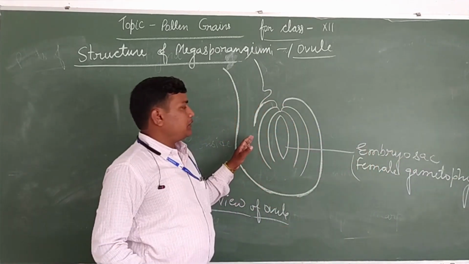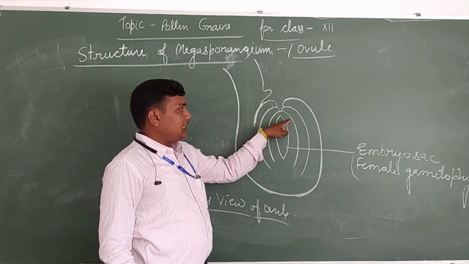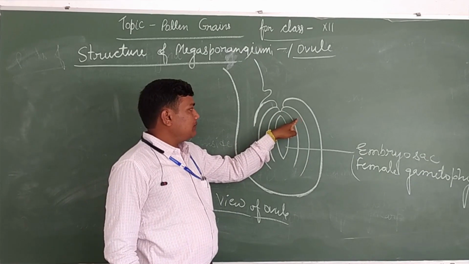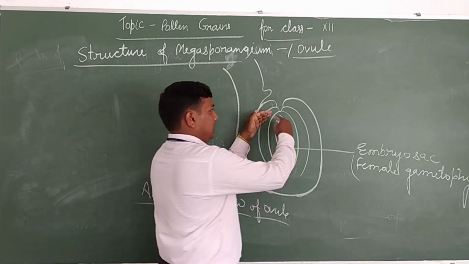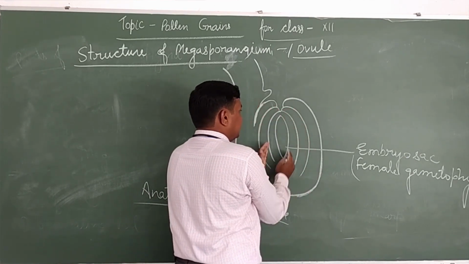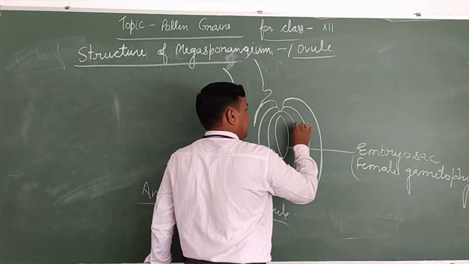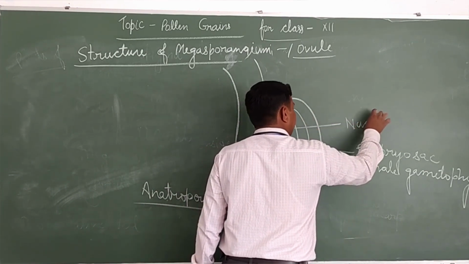The female gametophyte is wrapped by two membranes, the inner membrane and the outer membrane, and it is totally wrapped by a layer of cells known as nucellus.